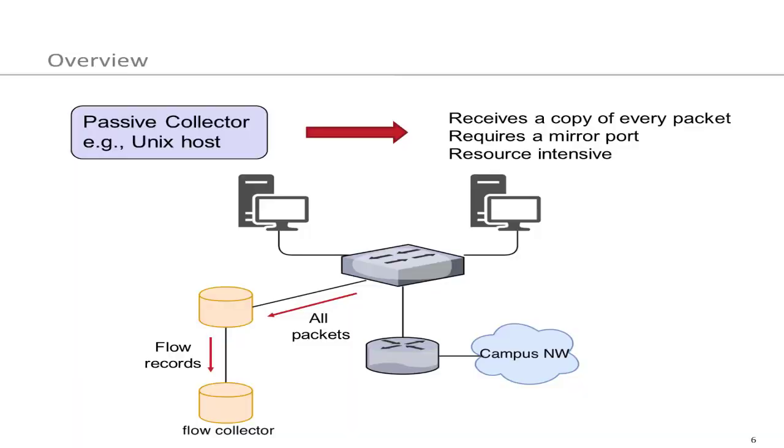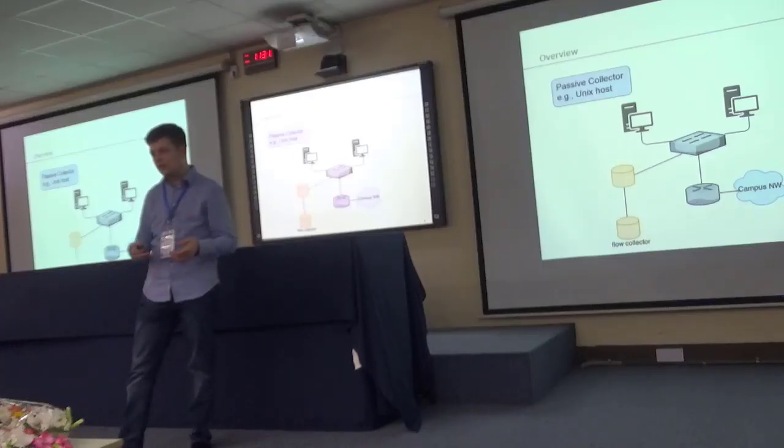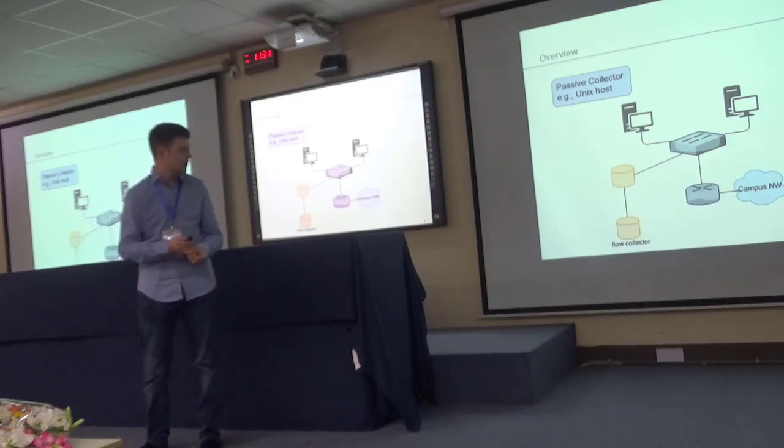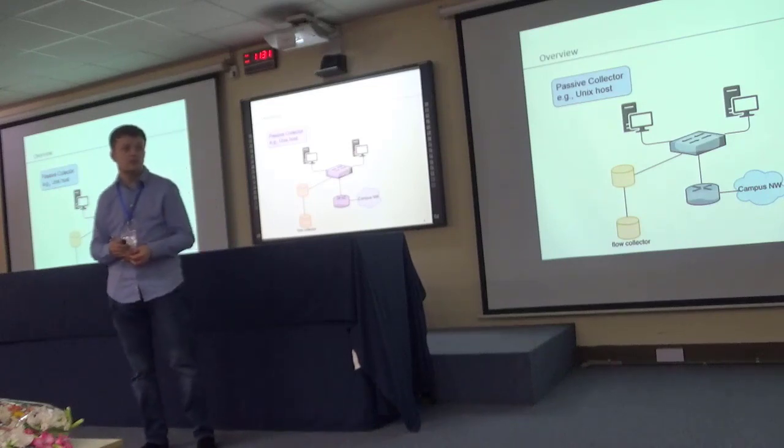So you can have multiple collectors in the system. You can have something like a passive collector or a Unix host that can be at a mirror port of the switch and just receives all the packets that the switch basically handles, and then they're mirrored. But also you can have stuff like a dedicated flow collector that is inside the network and has its own database.